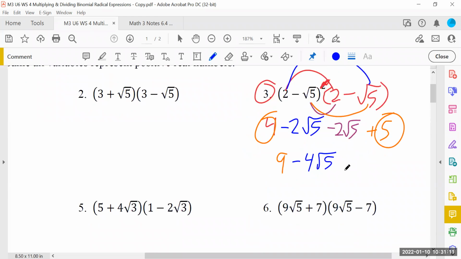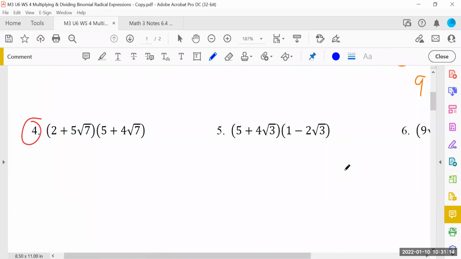So let's do one more. Let's go over number 4. This one is a little bit harder because you've got numbers on the inside and outside, but it's not bad. Julian, what's the first thing we're multiplying together here? The 2 and 5, what does that make? Perfect, 2 and 5 makes 10.